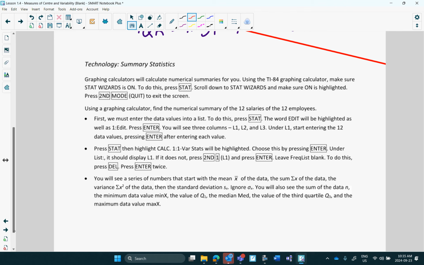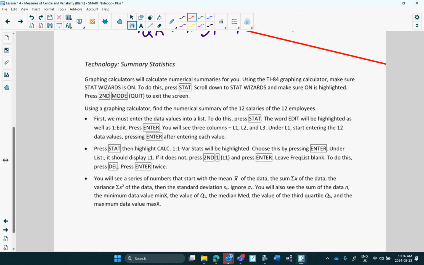Yes, clear. Clear. Enter. Yeah, L2 as well. So under L1, we are going to enter our 12 numbers in the order that they were given here.